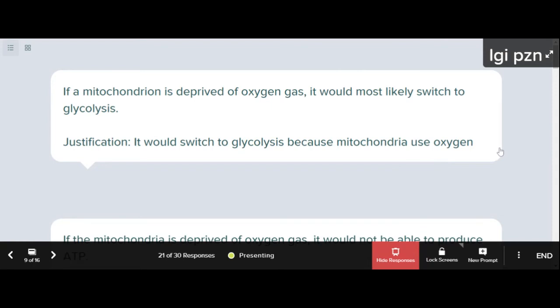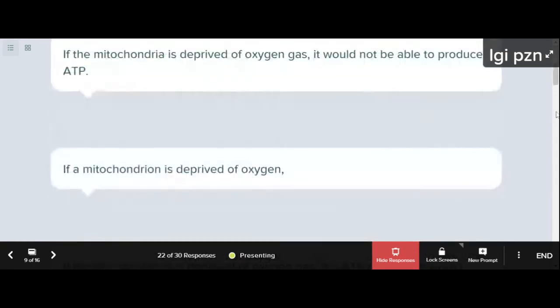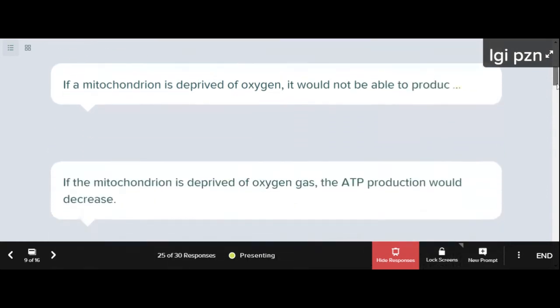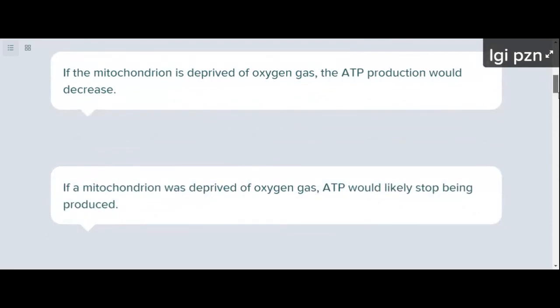You got it. Okay. All right. I think I like this better because this sticks more to the mitochondrion and doesn't move into the cytoplasm, right? It would produce less ATP or it would stop producing ATP. That would be a good answer. Or the ATP production would decrease. That's also a good answer. That is a prediction.